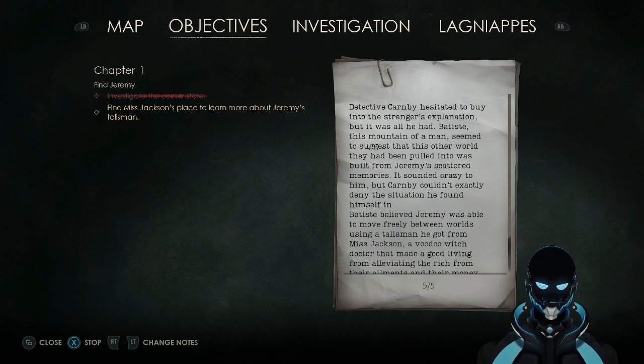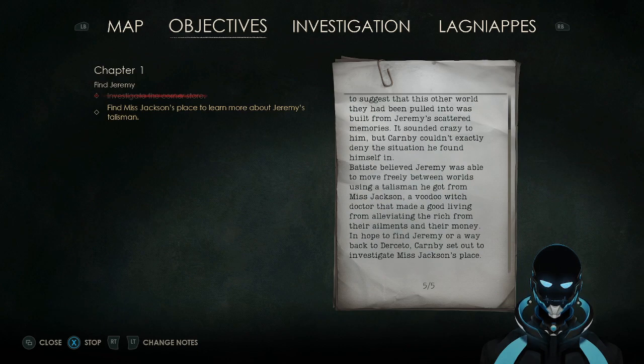It sounded crazy to him, but Carnby couldn't exactly deny the situation he found himself in. Baptiste believed Jeremy was able to move freely between worlds using a talisman he got from Miss Jackson, a voodoo witch doctor that made a good living from alleviating the rich from their ailments and their money.